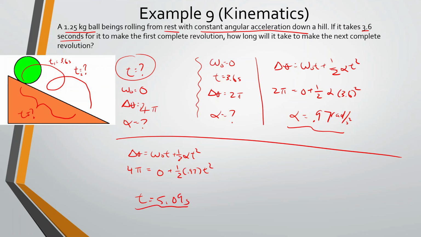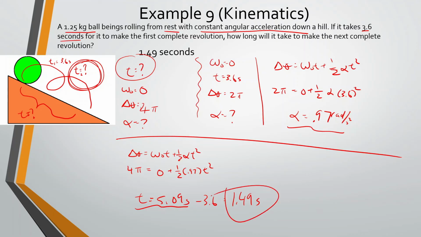However, this is just how long it takes to go 2 revolutions. So we just want to find out what this part is right here. I'm just going to subtract the 3.6 seconds from that, and what I get is 1.49 seconds. Okay?